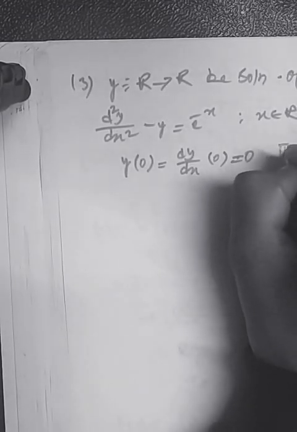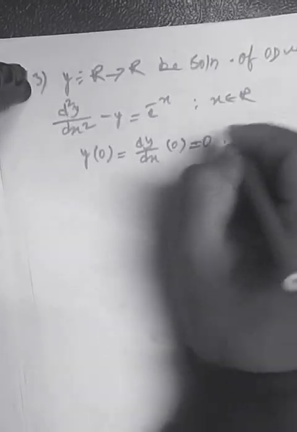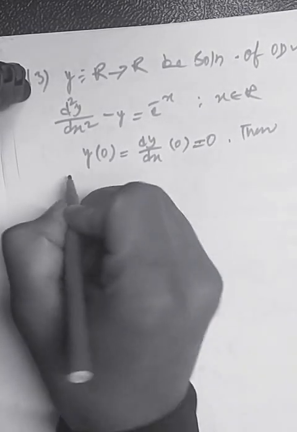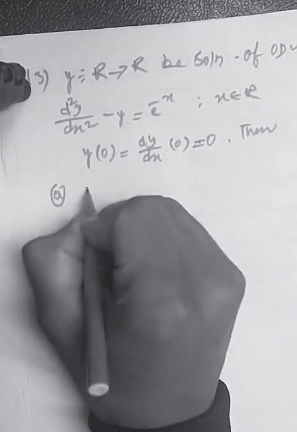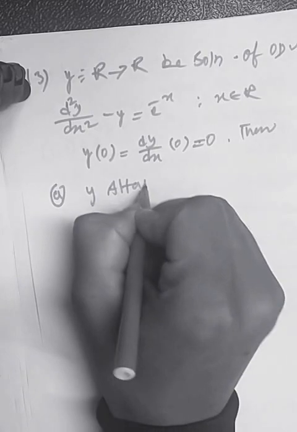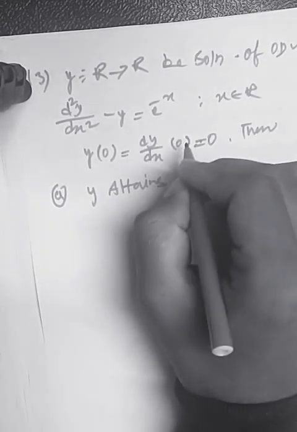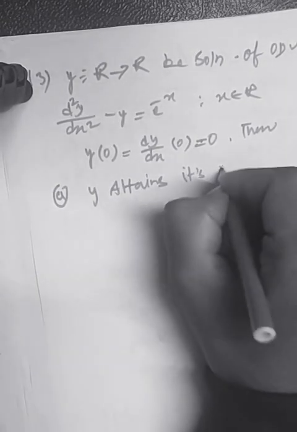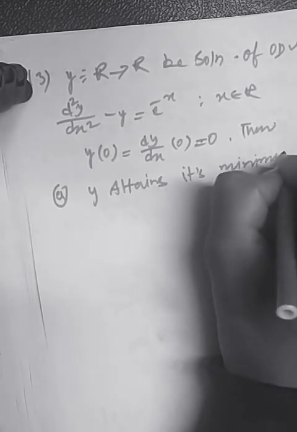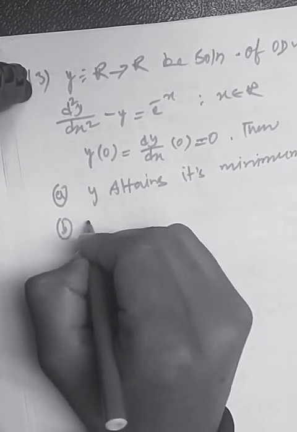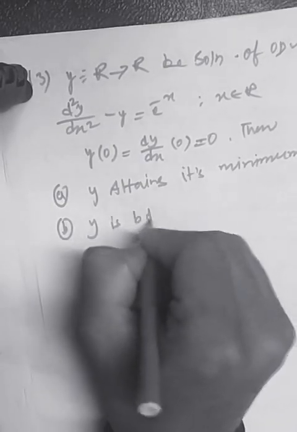Then, which of the following is true? A: y attains its minimum on R. B: y is bounded on R.